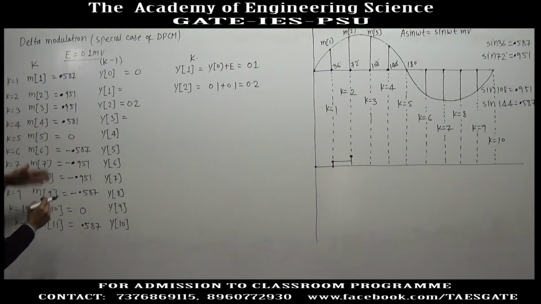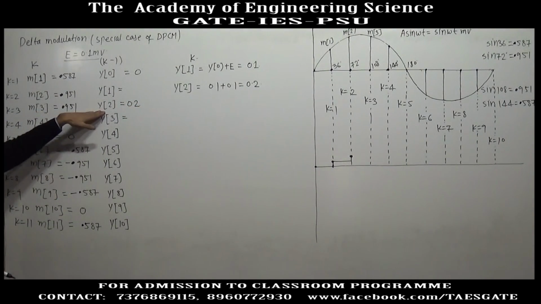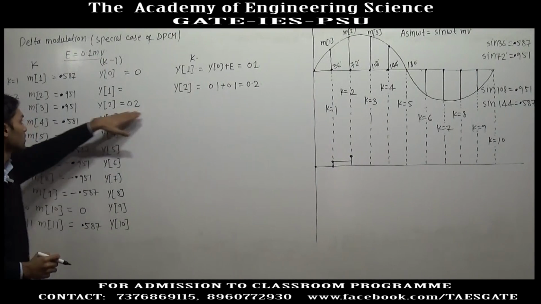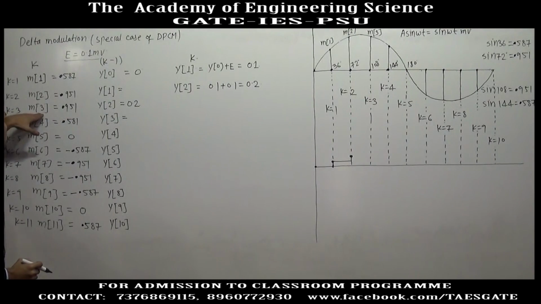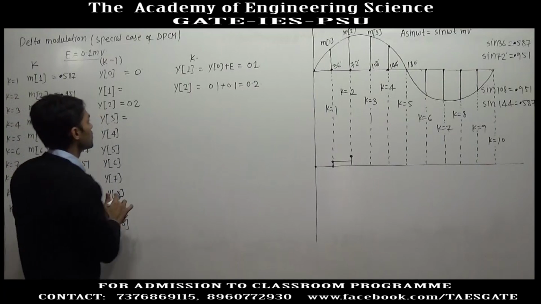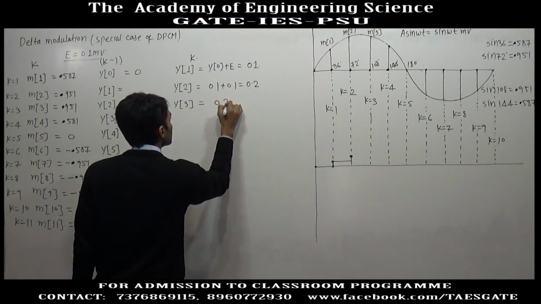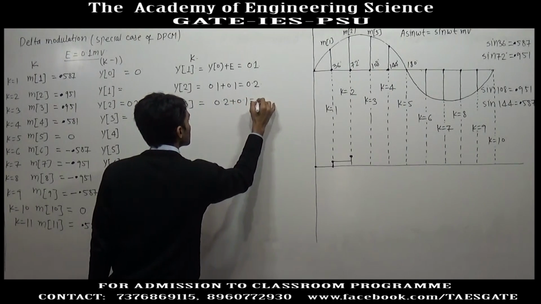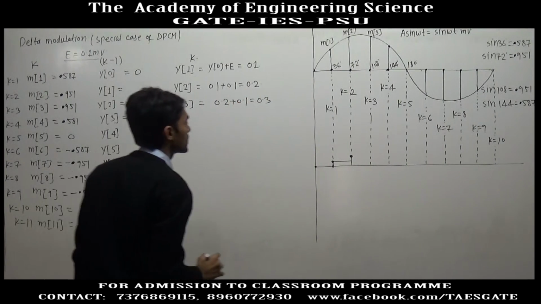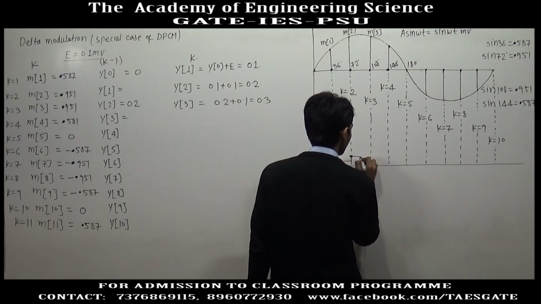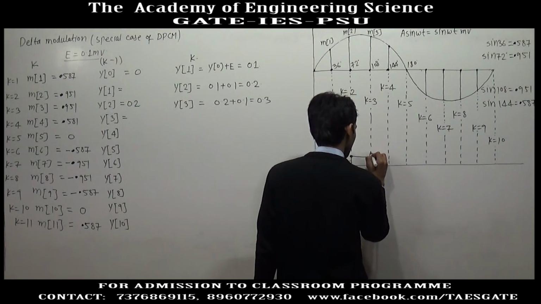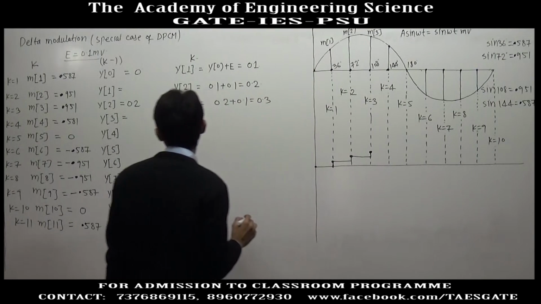Again, we compare present input and previous output, since we are at k equal to 3. The present input is greater than the previous output, so the next output y3 will be the previous output plus 0.1, this is 0.3. So, at k equal to 3, we will have 0.3 as output.